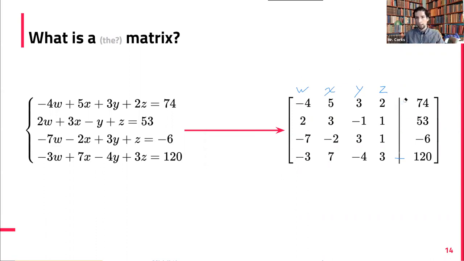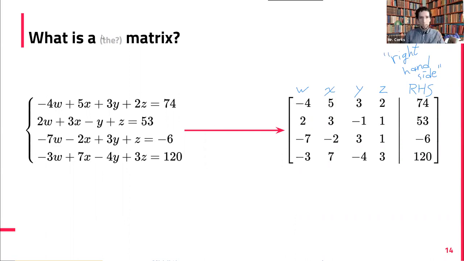You won't always see that line. Our fancy label for the constants is RHS, just right-hand side. It's a very creative name: whatever's on the right side of the equal sign.